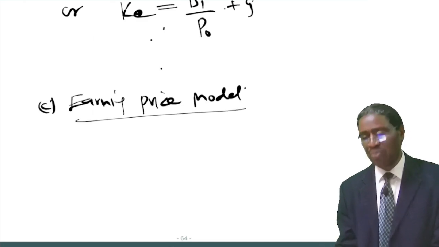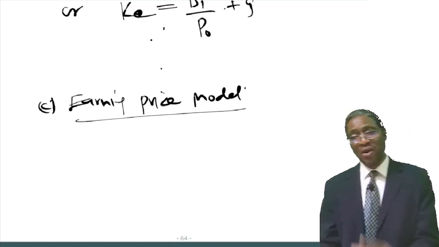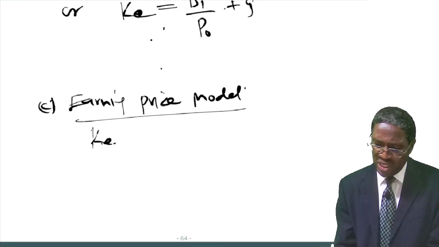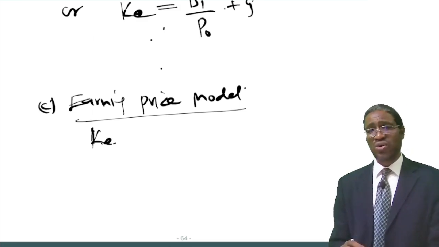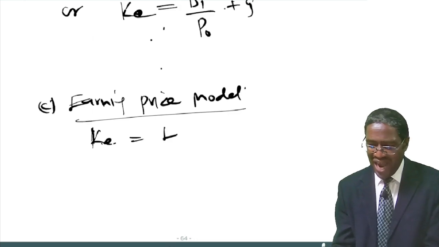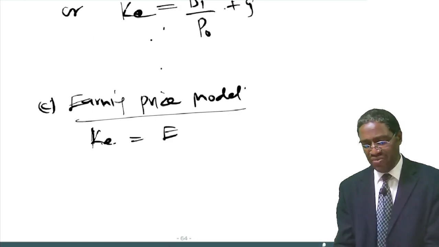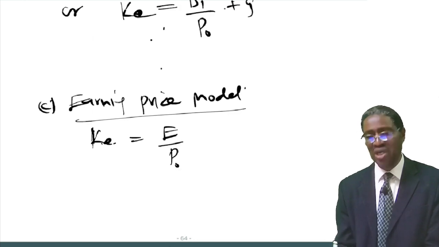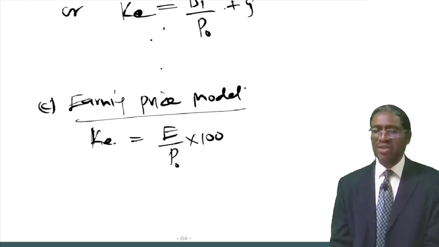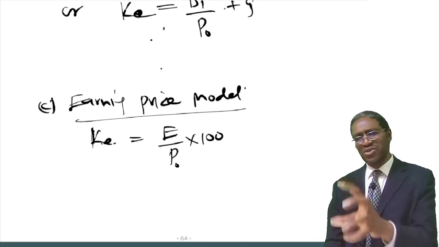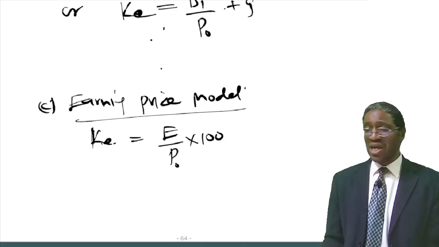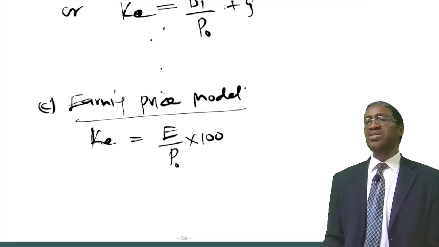To get the cost of ordinary shares, Ke, you take the earnings per share, divide that by the market price per share, and multiply that by 100. Where we expect the earnings as our return, then you use the earnings price model.